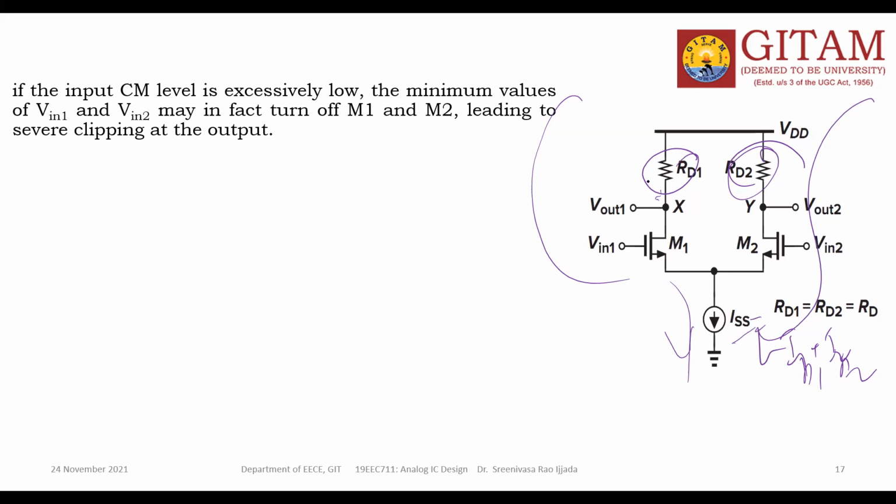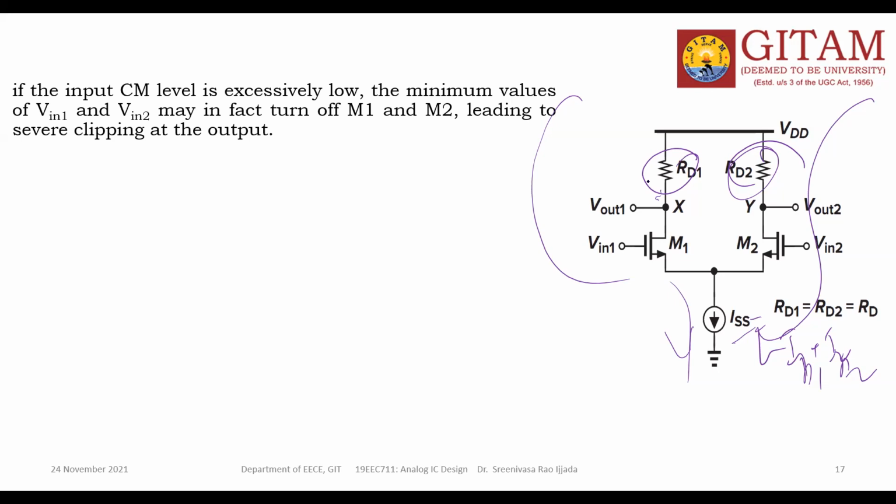Whenever you go to picture C, what happens? Common mode value is reduced. Then what happened at the output? You got the clipped output. Some part of the signal has been clipped. So that is the question. That is the reason.